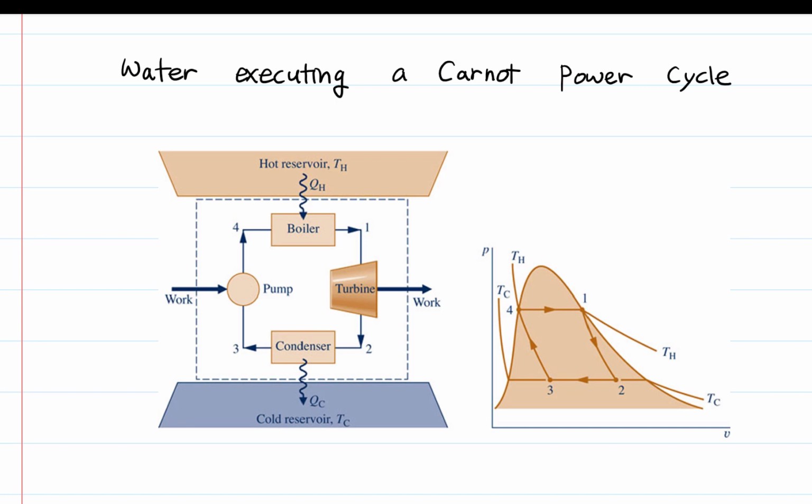Heat is transferred to a boiler reversibly and isothermally. Work is done by a turbine reversibly and adiabatically. Heat is transferred from a condenser reversibly and isothermally. Work is supplied to a pump reversibly and adiabatically.